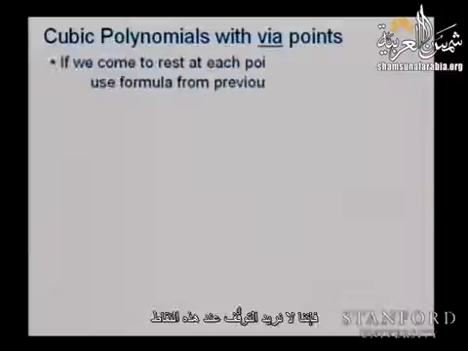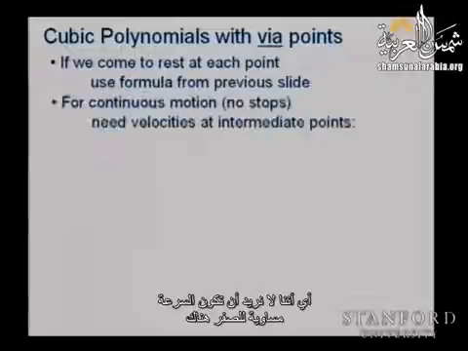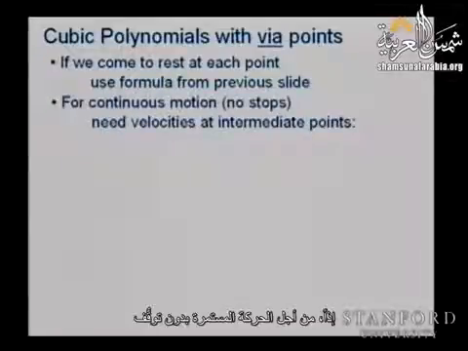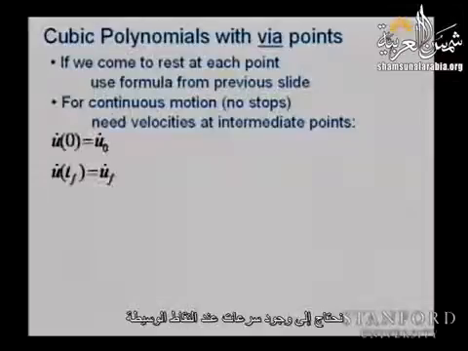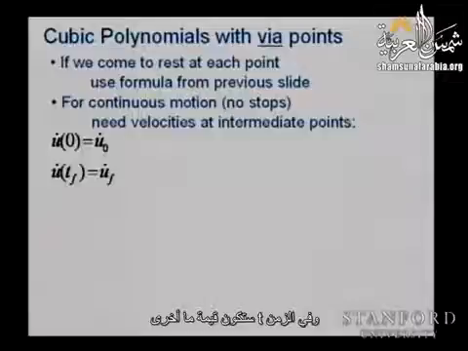Now, if we are using intermediate points, then at the intermediate points in the middle, we don't want to stop. So we don't want the velocity there to be 0, right? So for continuous motion with no stops, we need velocities at the intermediate points. At time 0, the velocity will be some value, u sub 0 dot, and at time t will be some other value.